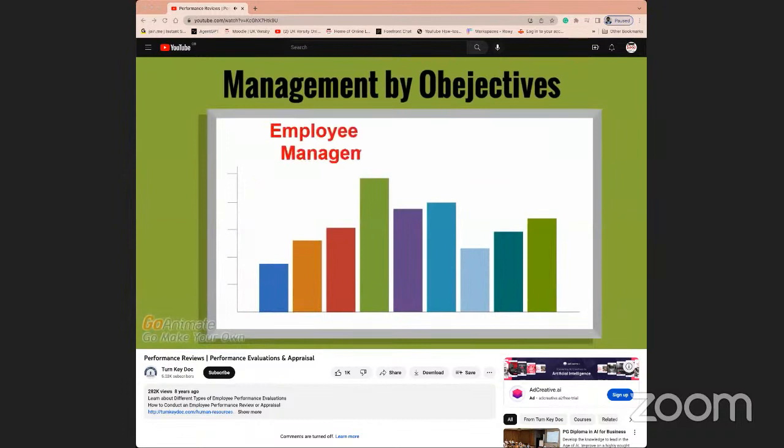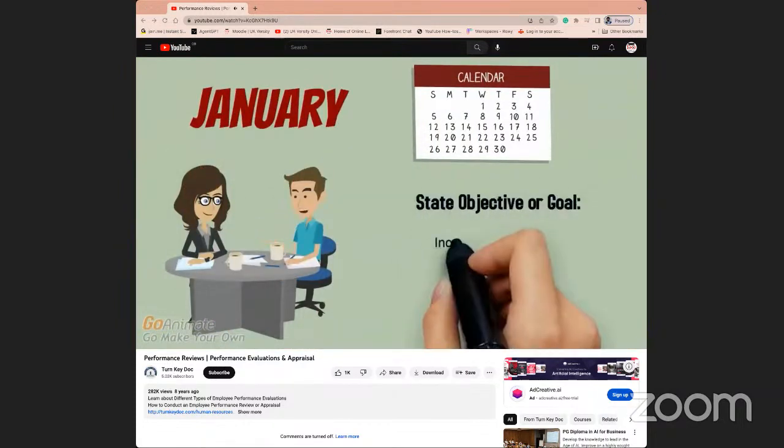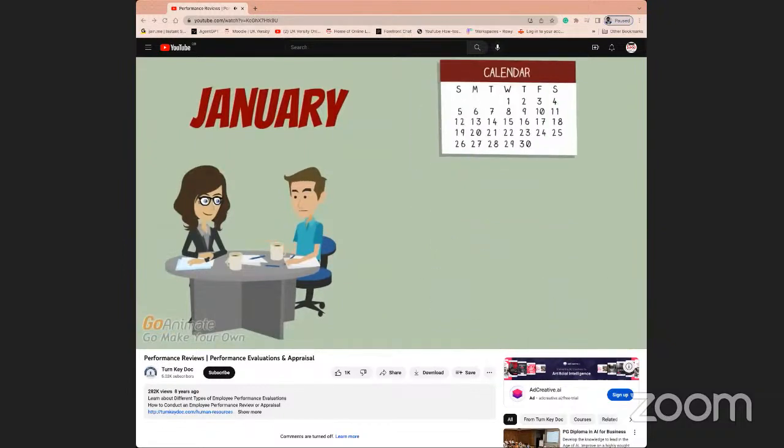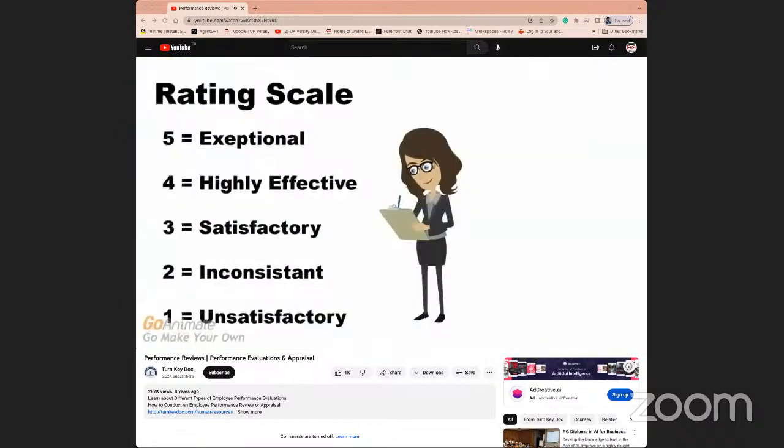This method, often called MBO, measures the employee's accomplishments against a clearly established set of objectives. If managers and employees begin the year by working together to list these objectives, the end-of-year appraisal can simply compare each goal with its final outcome. This method is simple, clear, and empowers employees in the goal-setting process, but it disregards non-goal related success metrics.